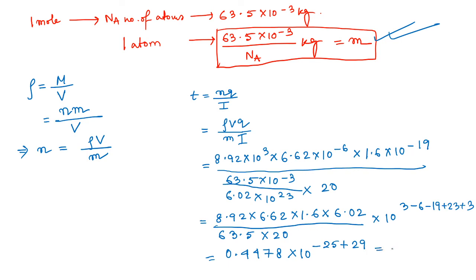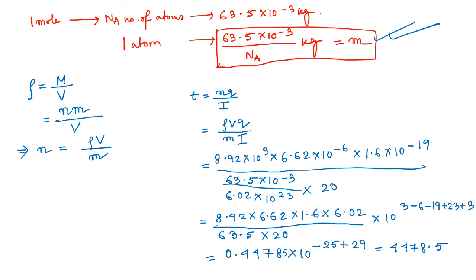So 0.44785 has 4 places after the decimal, and it is 10 to the power minus 25 plus 29, that is 10 to the power plus 4, right?